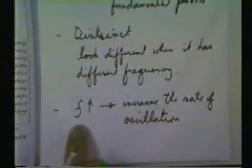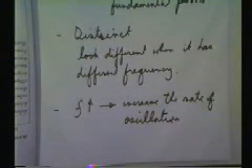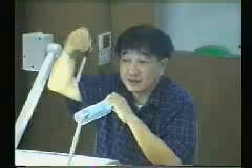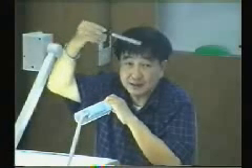When the frequency increases, you increase the rate of oscillation. What does the word oscillation mean? It just repeats itself. When you look at a clock that has a pendulum, it just swings back and forth. That is oscillation.